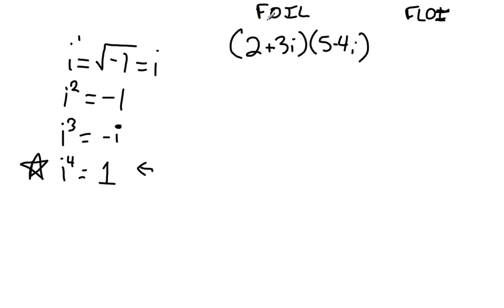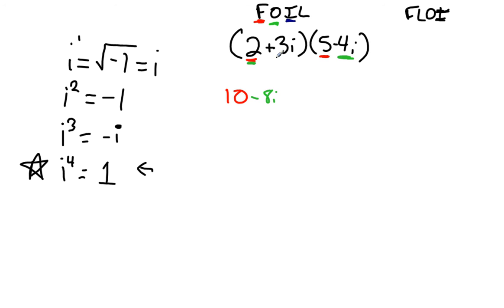The answer is going to be both of us. Spoiler alert. Okay, so we do first, outer, inner, last. We start with first. 2 times 5, that's 10. Then we do outer. So 2 outermost numbers. So 2 times negative 4i would be negative 8i. Then we do inner.